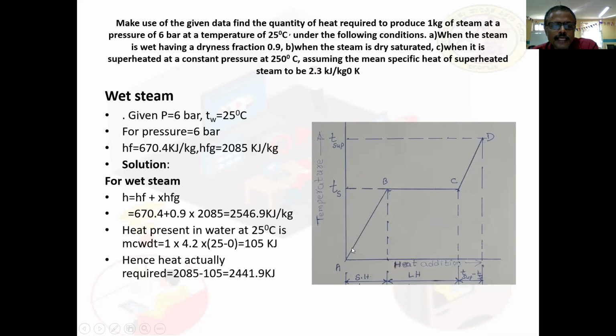Since water is already having some energy, that energy is calculated as mCW into delta T, that is 105 kilojoules.